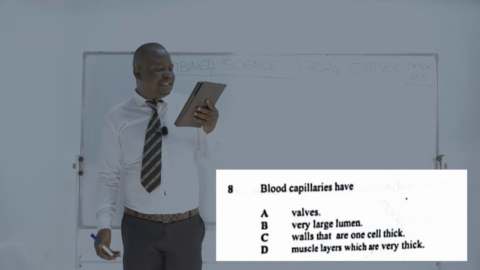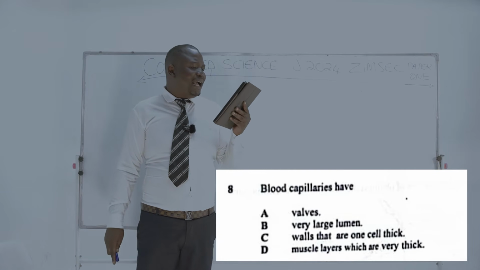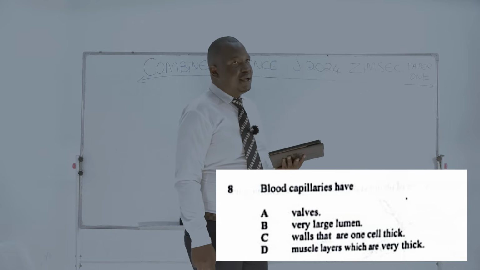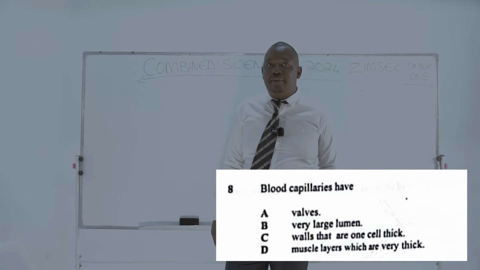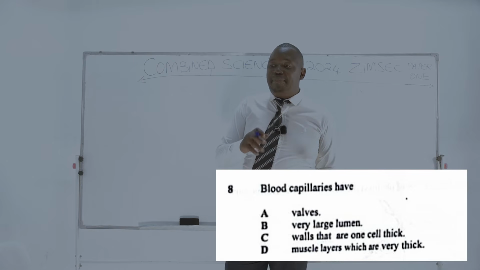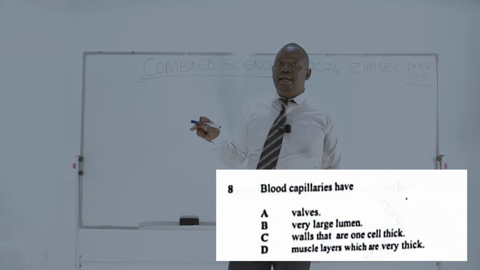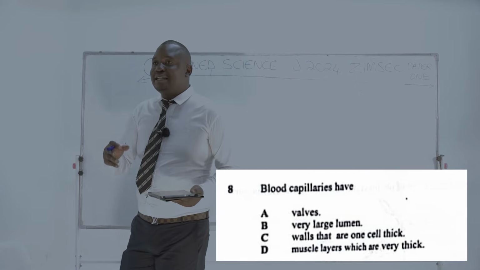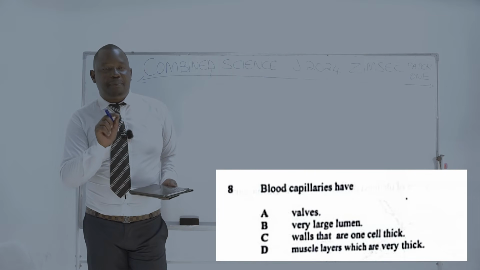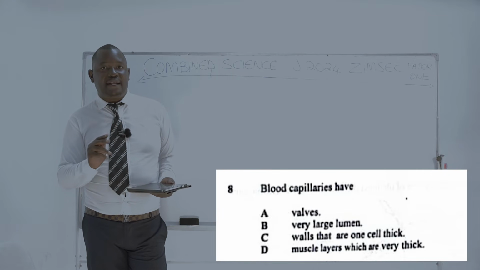But for part D, the muscle layers are very thick. Arteries carry blood away from the heart, and arteries carry oxygenated blood except for the pulmonary artery and the umbilical artery.